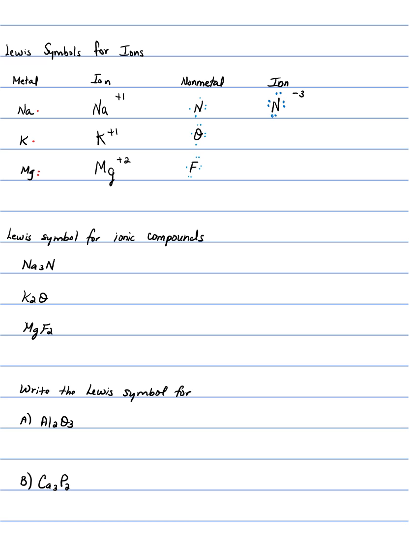Now moving to oxygen. Oxygen is in group 6 in the periodic table. If it's in group 6, it will have 6 valence electrons. The elements in group 6 will form ions with a charge equal to -2.